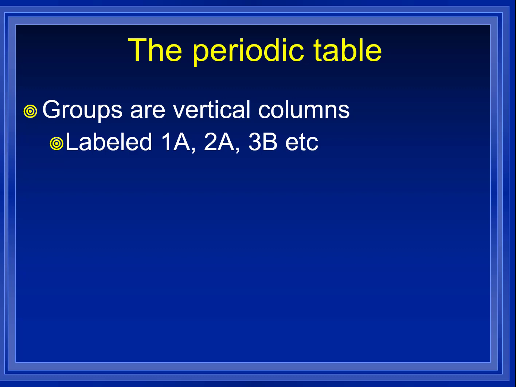So a group is a column. And the periods are the rows.